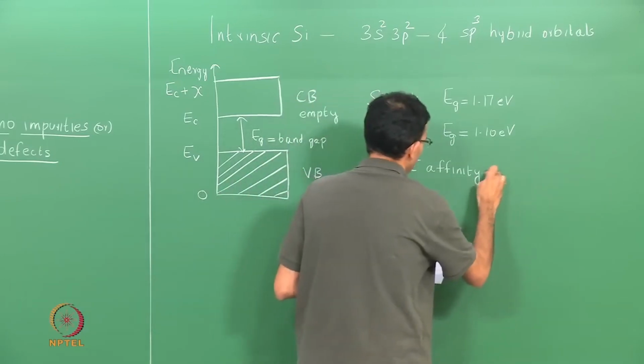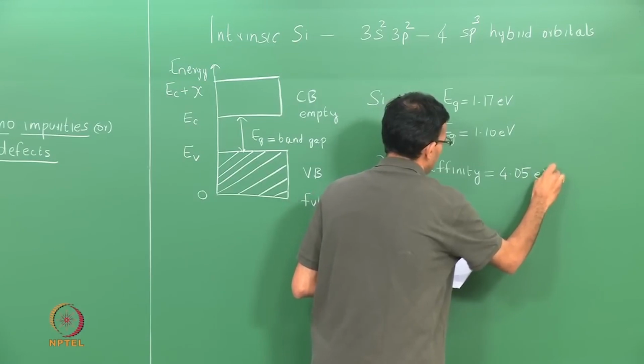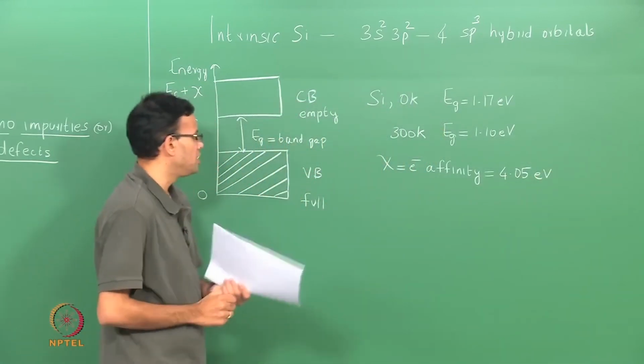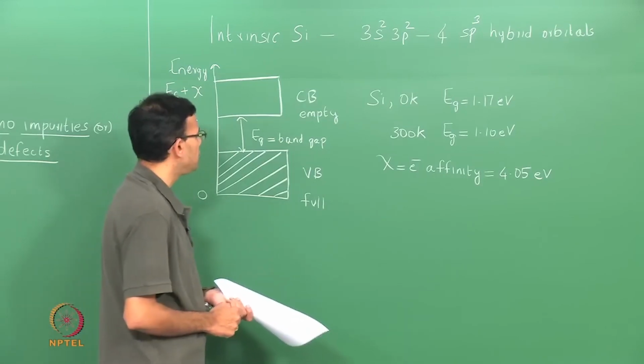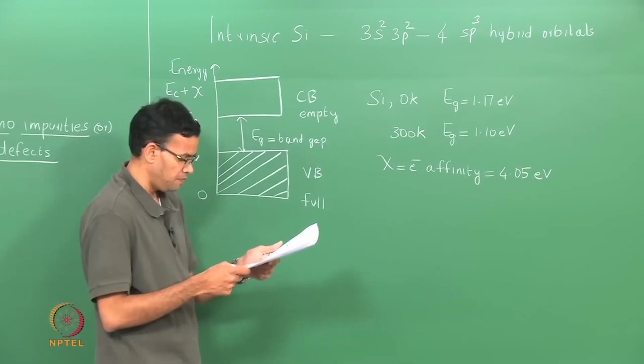For silicon, chi has a value of around 4.05 electron volts. So, at 0 Kelvin you have a valence band that is completely full and a conduction band that is completely empty.